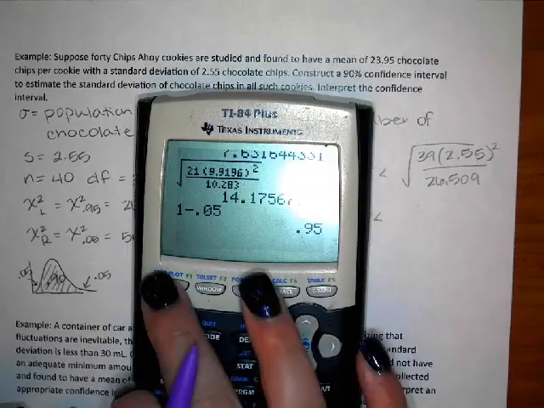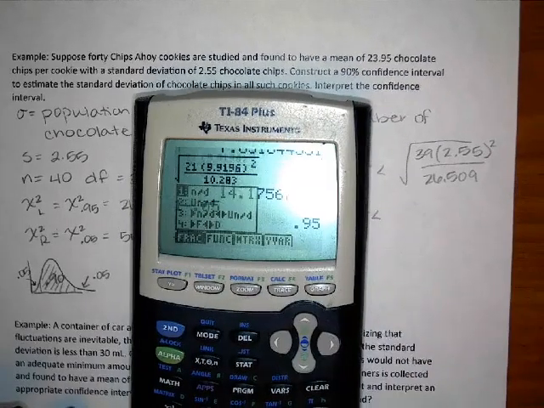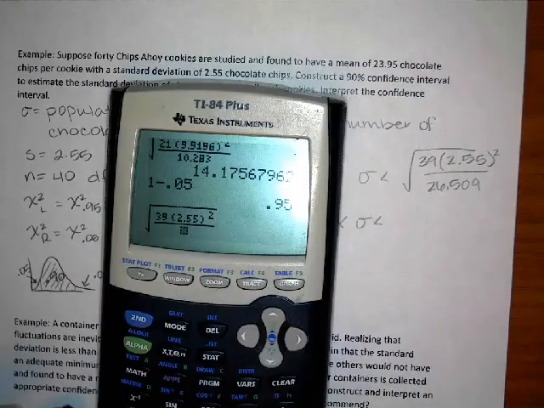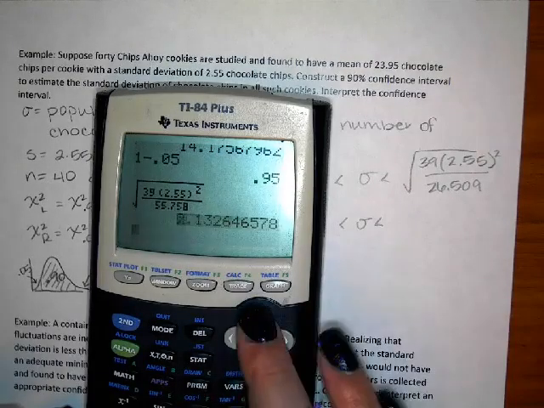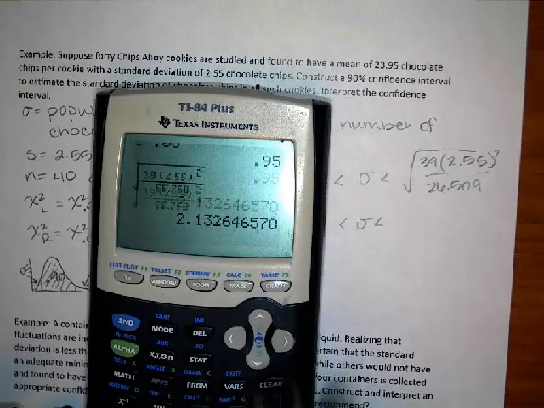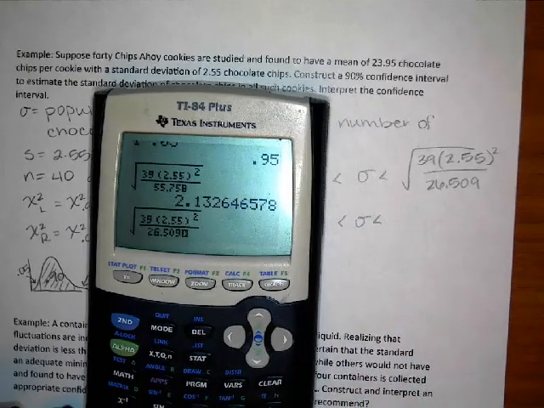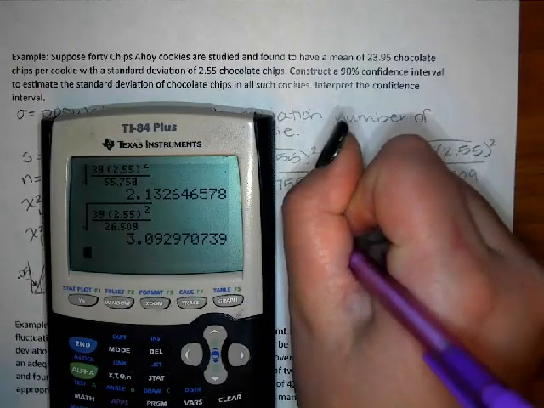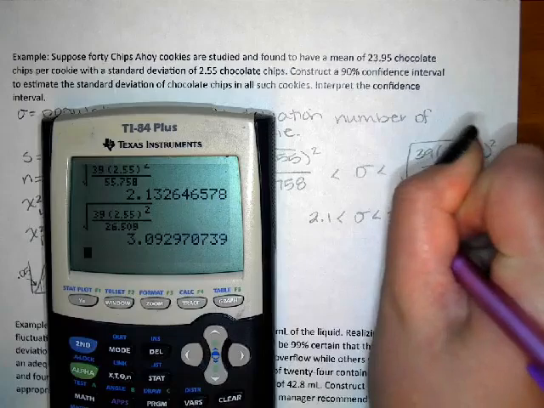So I'm going to take the square root. 39 times 2.55 squared over 55.758. So we have 2.1 and 3.1, and these are chocolate chips.